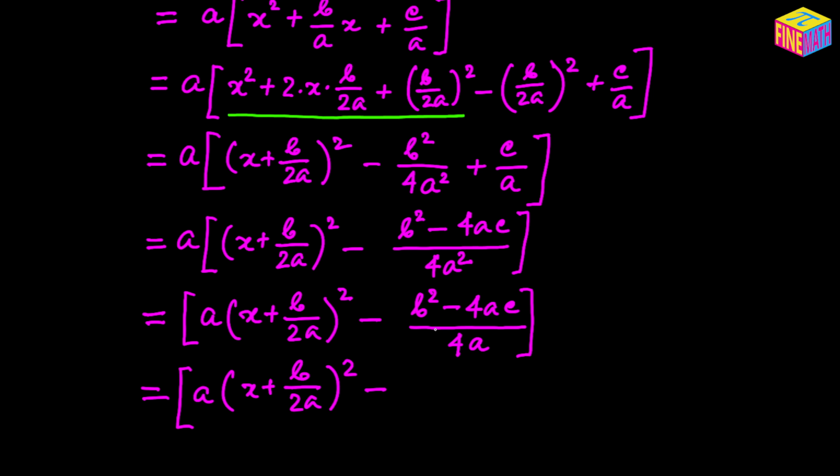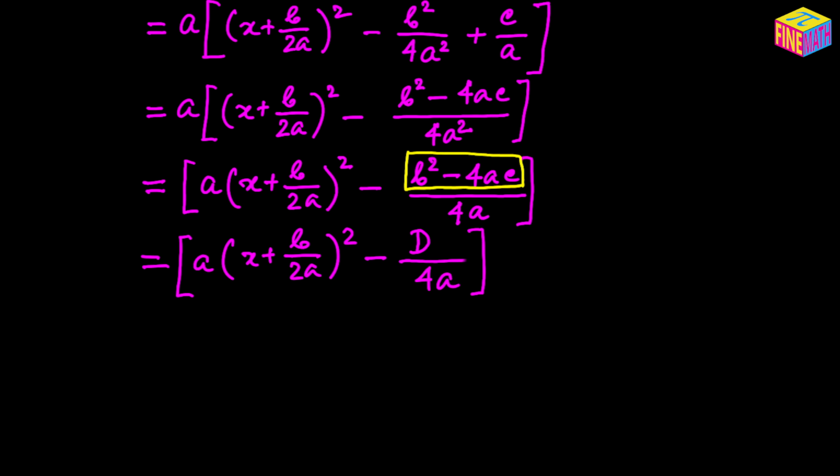Well, b square minus 4ac is actually the discriminant of the quadratic function, right? So we are going to write it as d divided by 4a. All right, I hope it's clear up to this point.